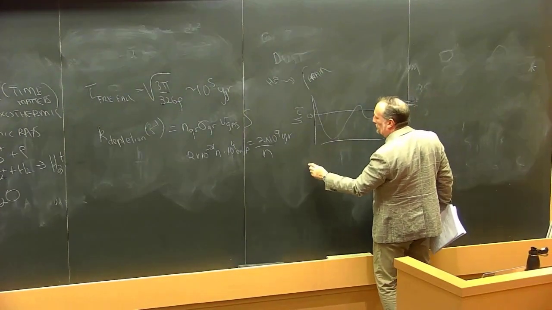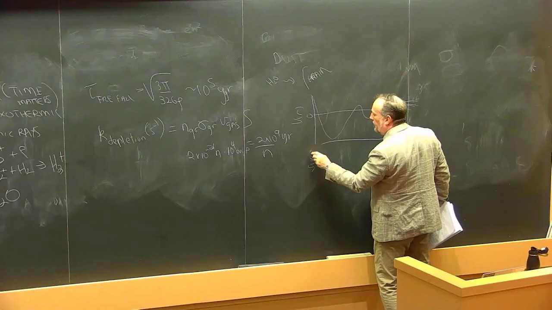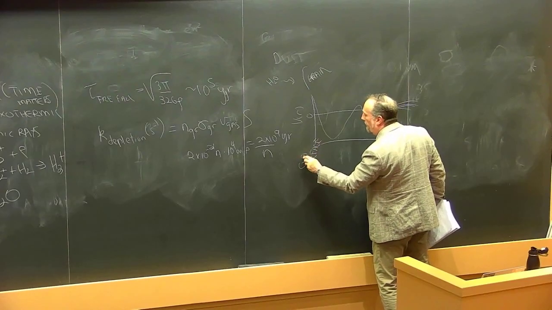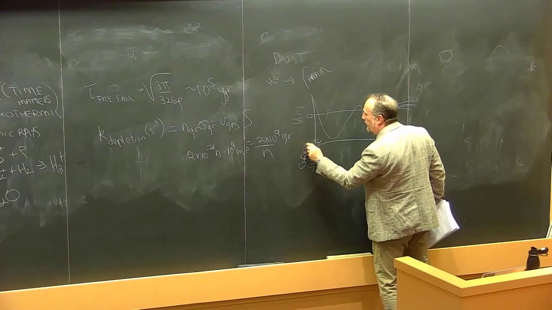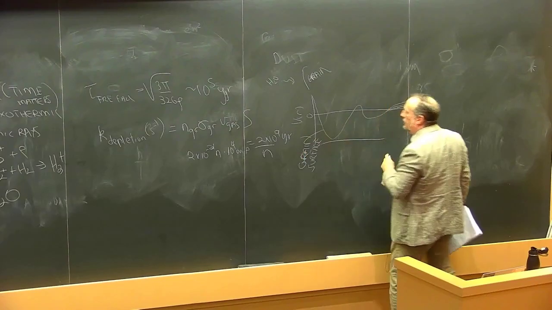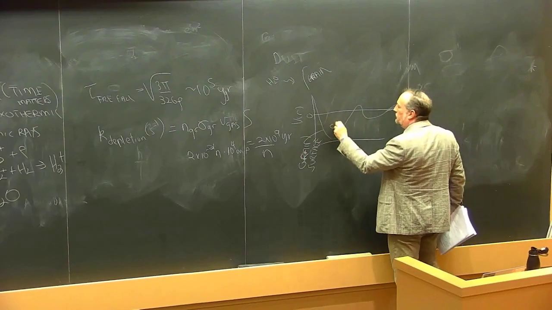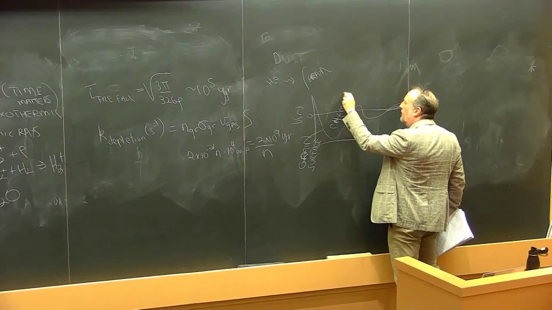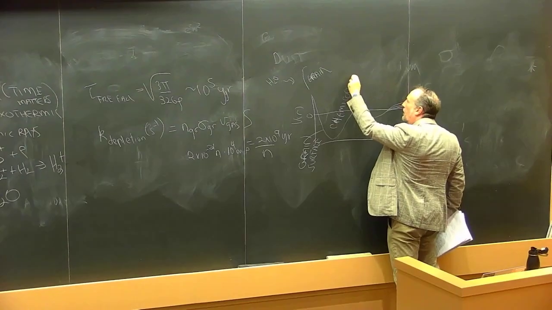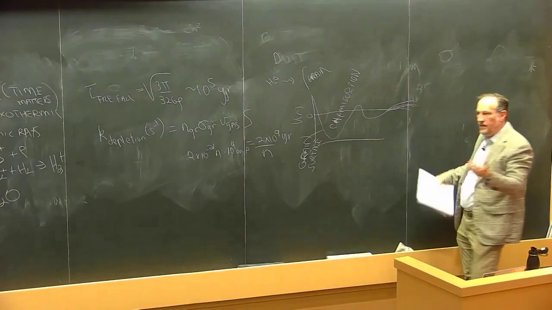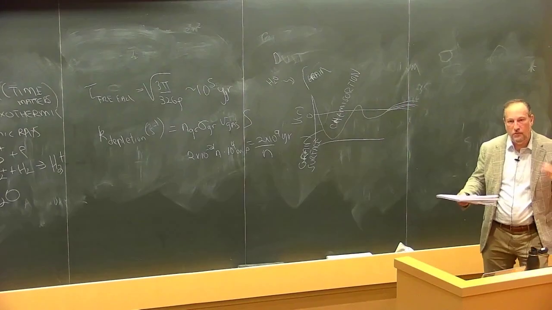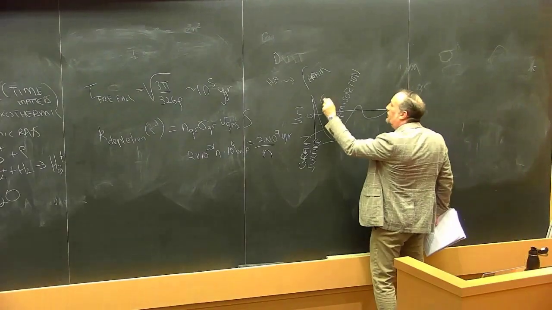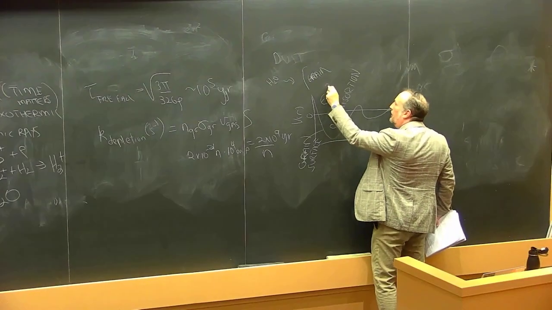So this is the surface of the grain. So this is what's called chemisorption. And the binding energy, the energy associated with that bond, is of order an electron volt. So EB is the binding energy.